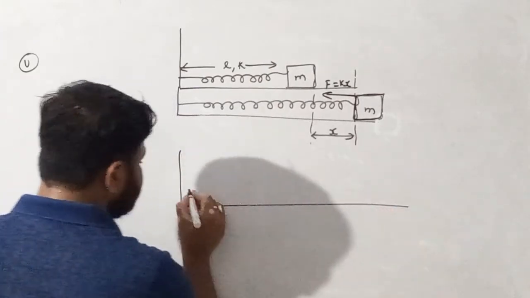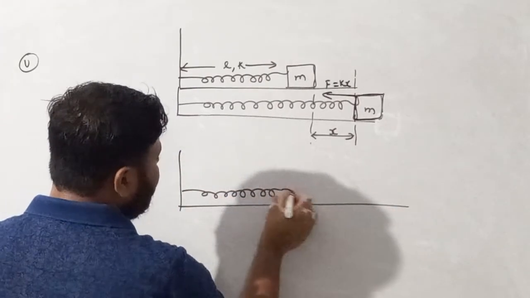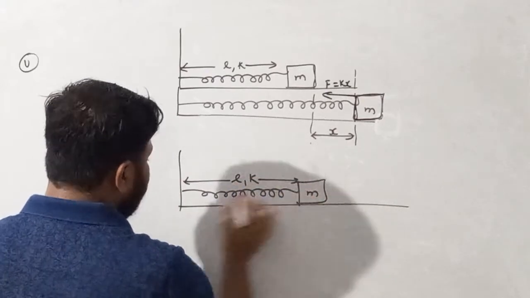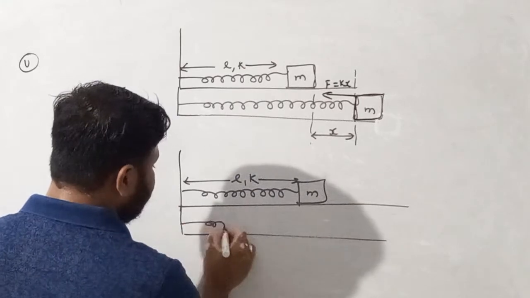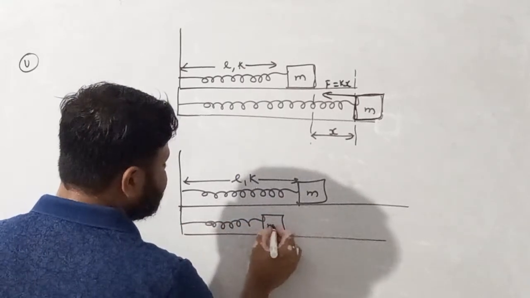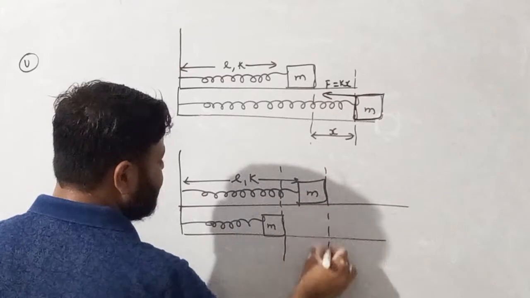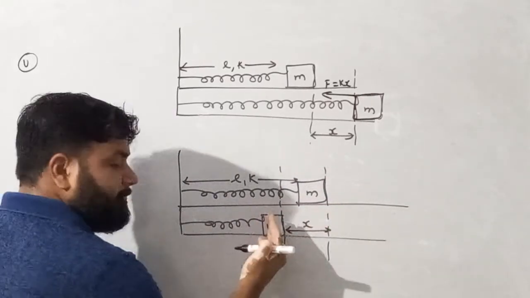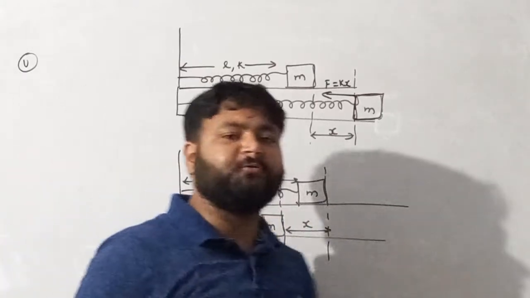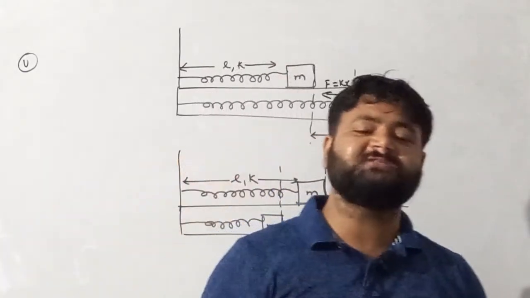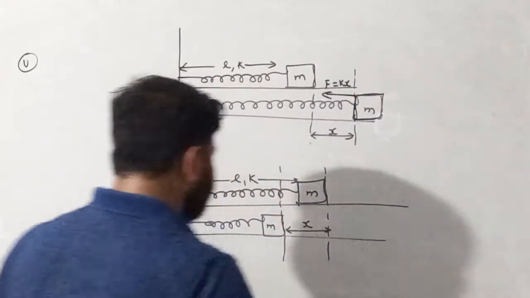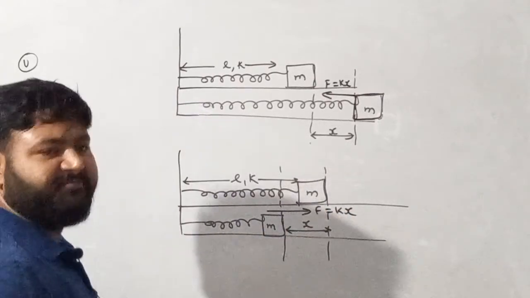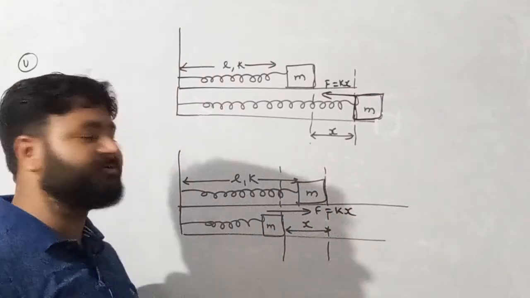Similarly, let's suppose we have a spring of spring constant K and original length L, and I am compressing the spring, and the compression value is x. Now see, as we already know that spring always wants to stay in its natural length, the spring applies force on the block outward, and the value of force becomes F equals Kx.